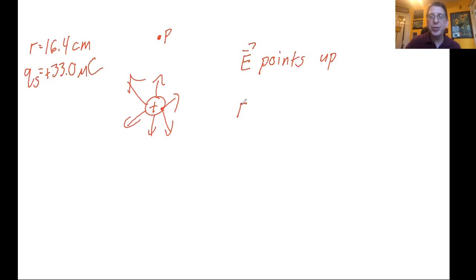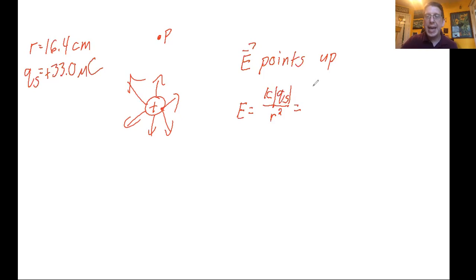And then the magnitude is equal to K times QS divided by R squared. And if we're interested in the magnitude by itself, we can put absolute value terms around the QS, meaning that we're only going to get a positive number as an answer for the magnitude.